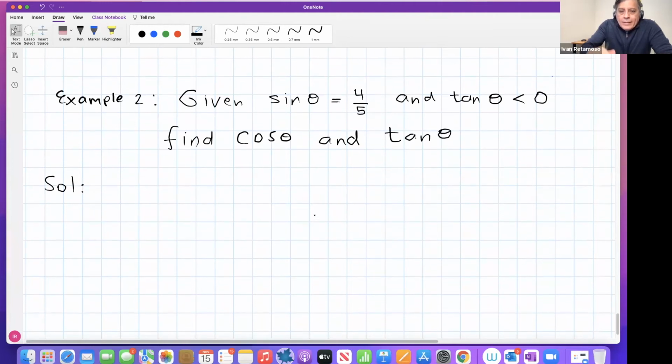Okay, so I know that sine of theta is 4/5, which means I know that this guy is positive. We're gonna figure out where theta is first. Now, I know that tangent of theta is negative.